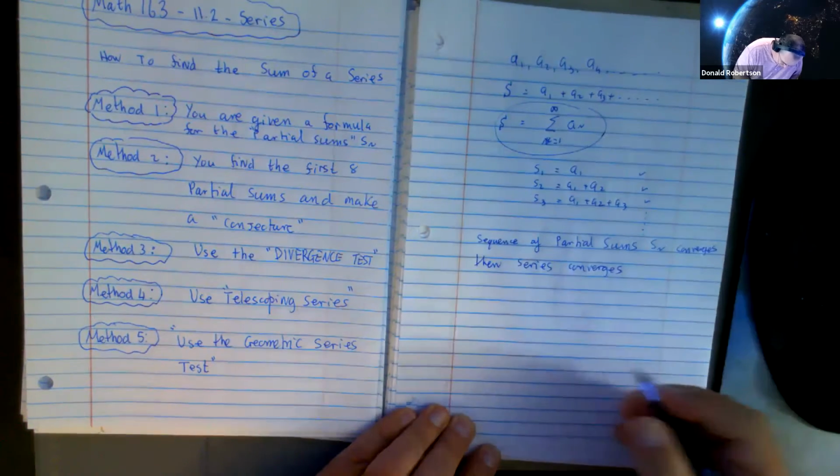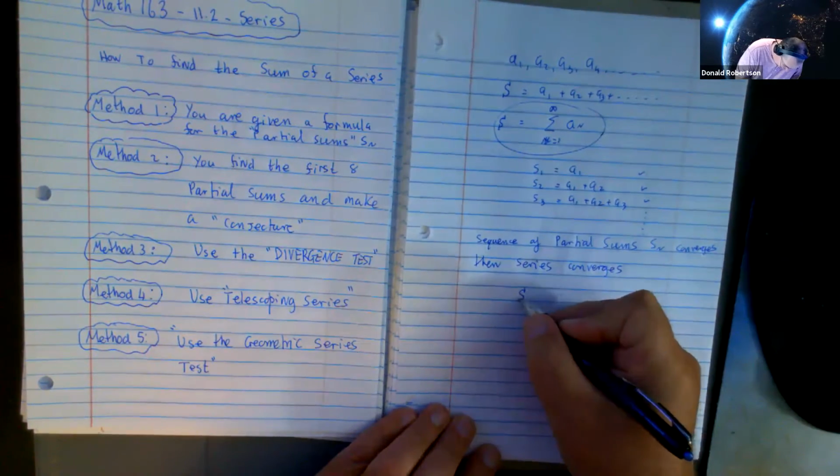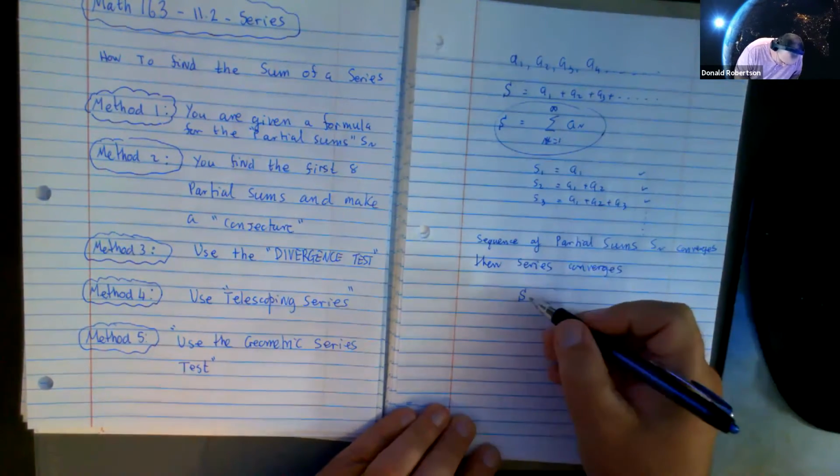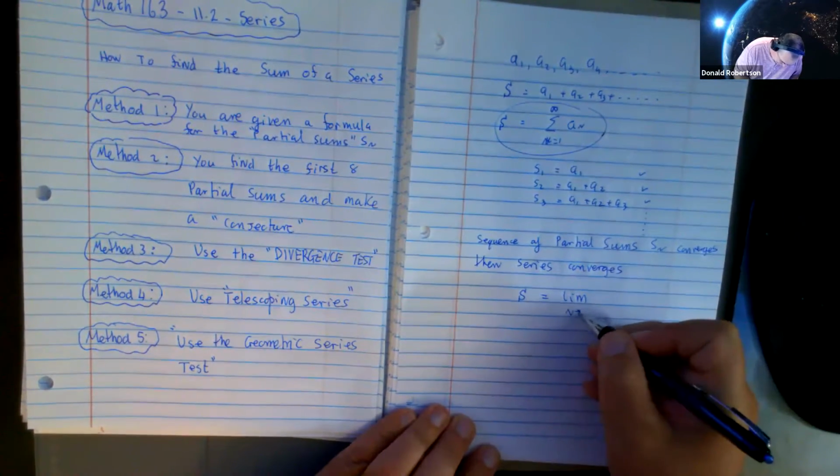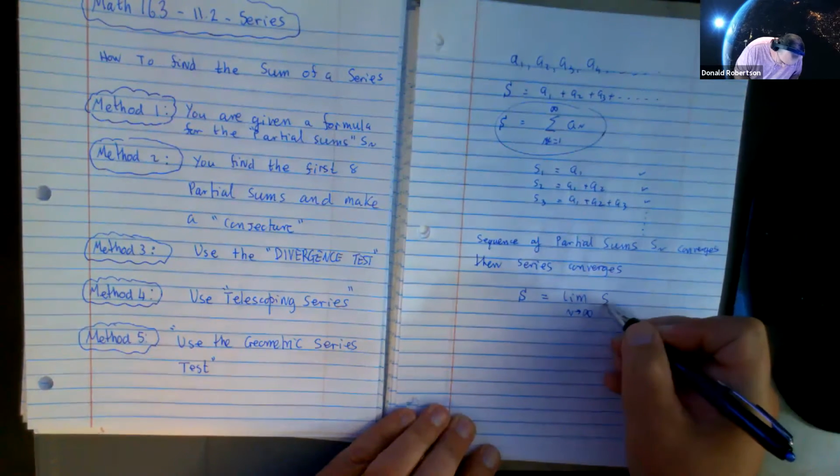And what does it converge to? Well, if it converges, the series S will be whatever the limit as n tends to infinity of its partial sums is.